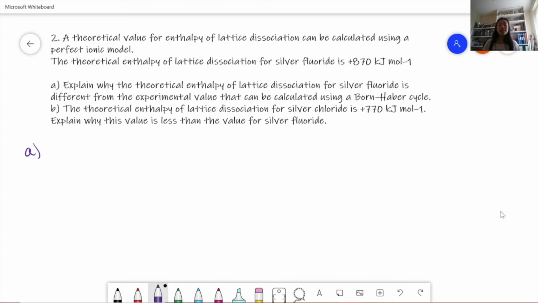And this isn't the case because ionic compounds actually have some covalent character depending on the compound. And so the answer is that there is some covalent character present.